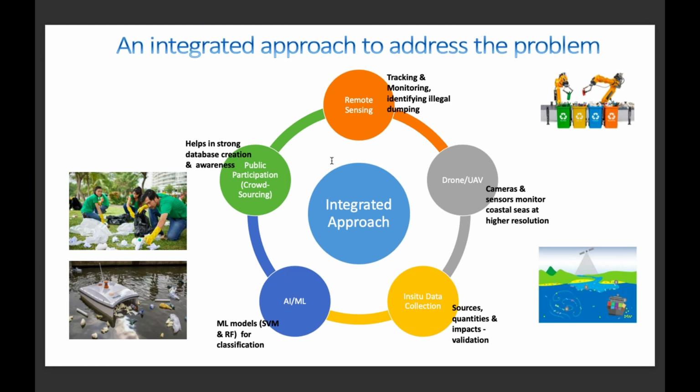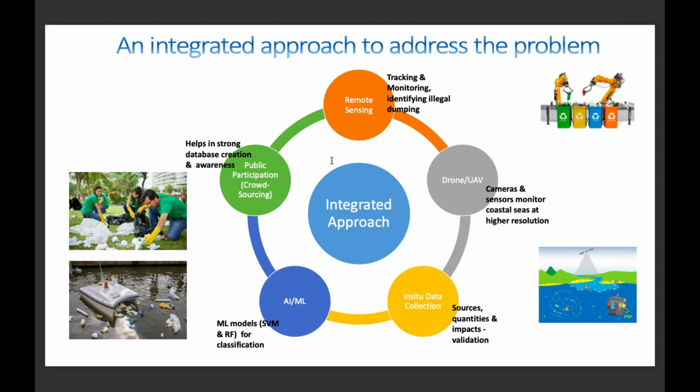Even from the satellite data, many a time there is an issue with whether these litters are plastic litters or of biogenic origin. So these machine learning algorithms help us in classifying those kinds of features. It's a very powerful tool, and many scientists and researchers are using AI/ML for classification purposes.